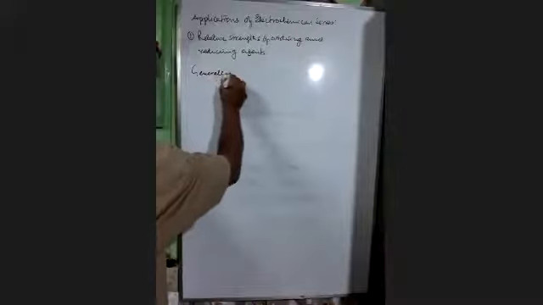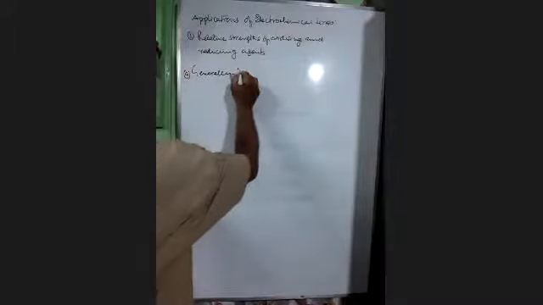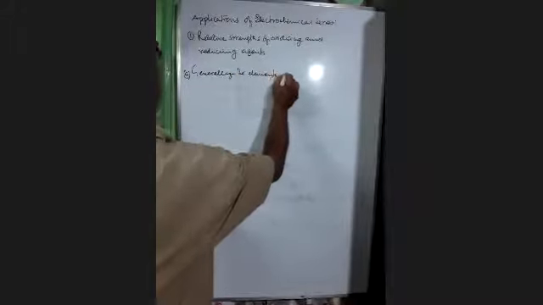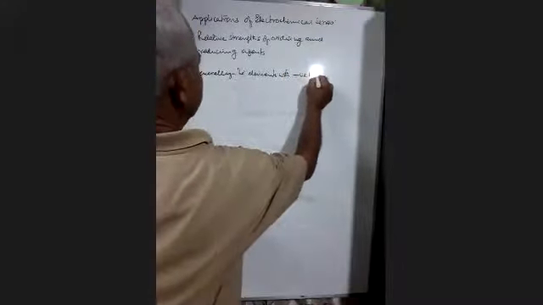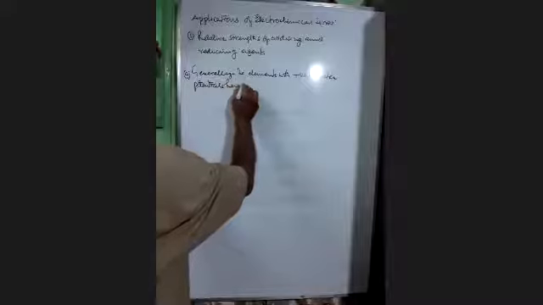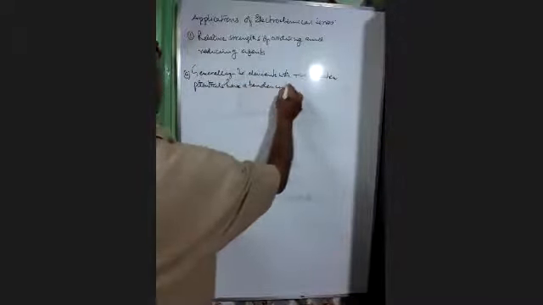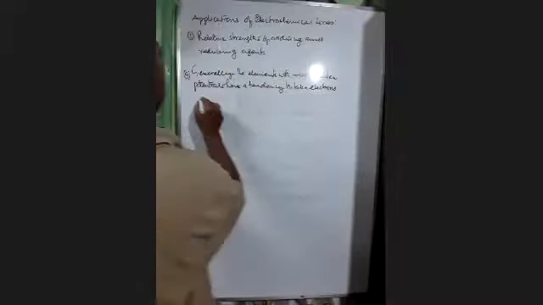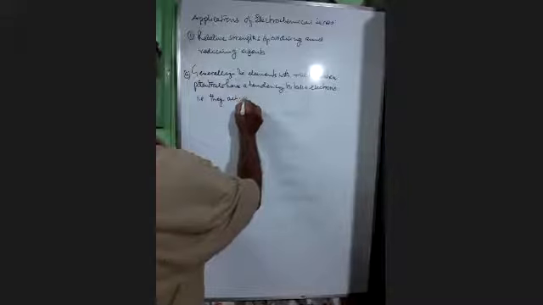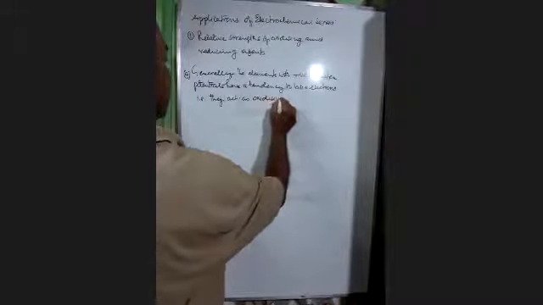So let me write the summary. A. Generally, the elements with positive reduction potentials have a tendency to take electrons. That is, they act as oxidizing agents.